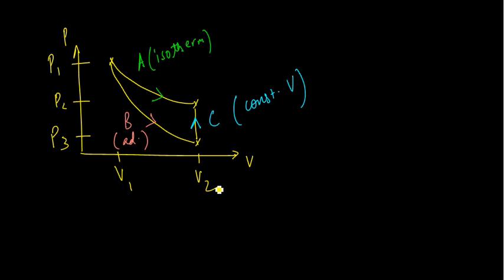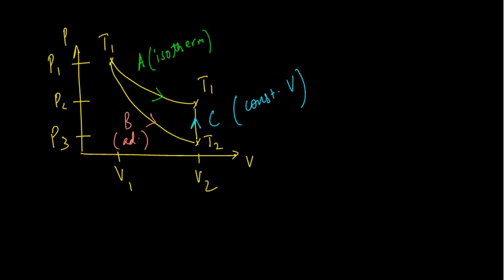So let's say we are at temperature T1 and this is again T1 and that's T2. So we need to go from one state to the other: one is we take path A, the other one is we first take path B and then take path C.